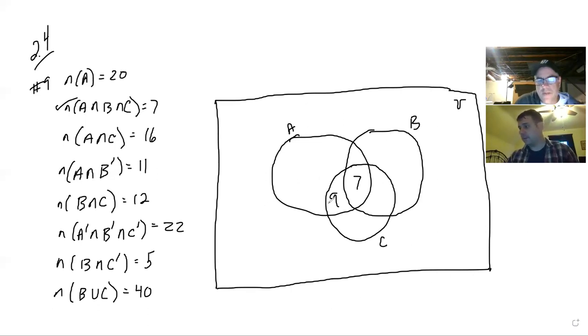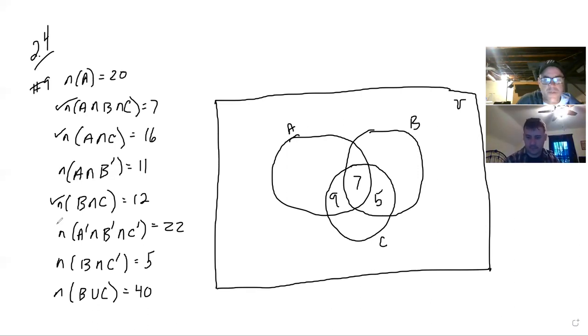Now I've used that. Now here I've got B intersects C, which would be here, and it's given to be 12. So I would need 5 more to get my total of 12. So I've used that.